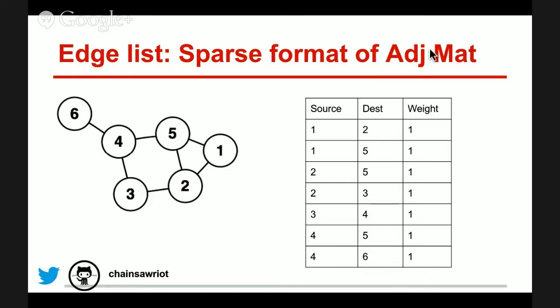Because you don't need to record the pairs that have no edges between them. So you just need to represent the network as just this very small matrix, but you are still representing the same network. Okay.